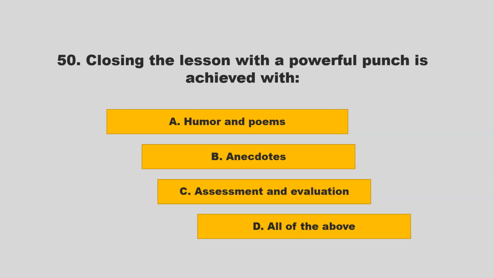Closing the lesson with a powerful punch is achieved with humor and poems, anecdotes, assessment and evaluation, all of the above. If you chose D, all of the above, you are correct.